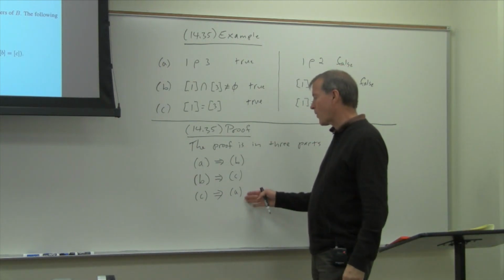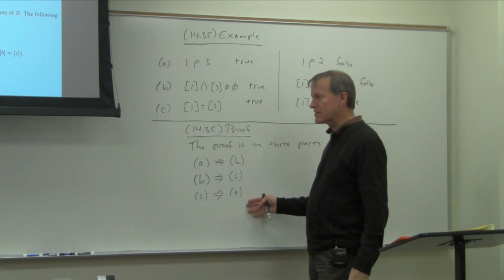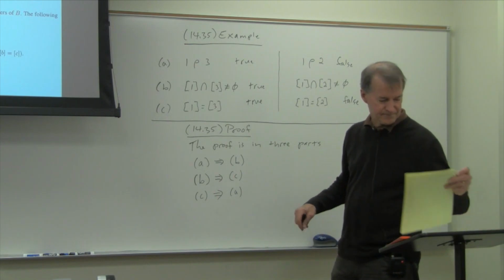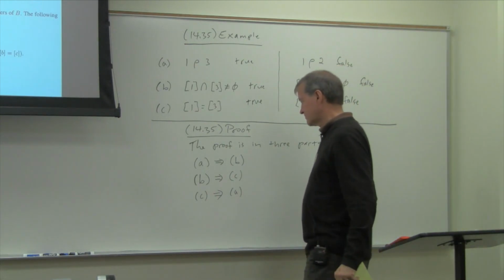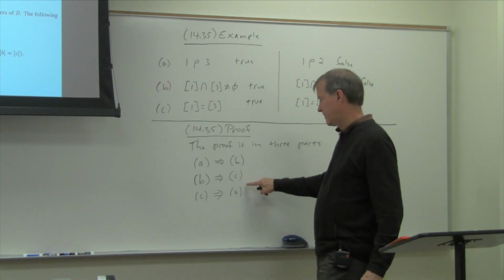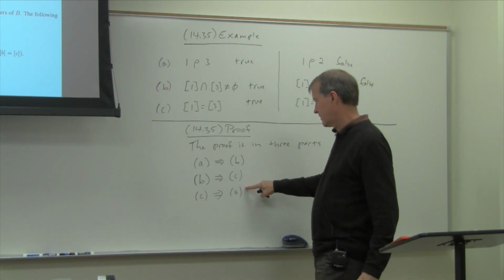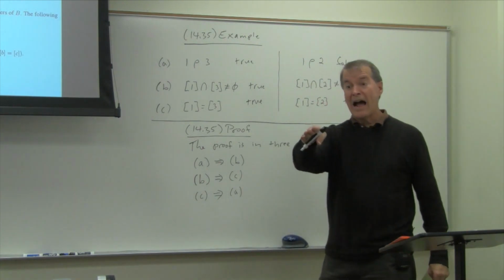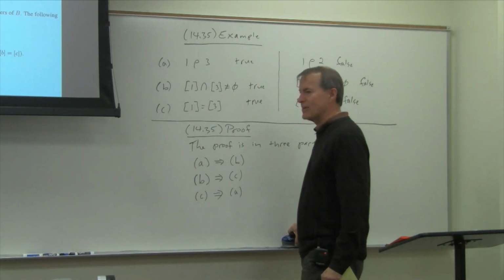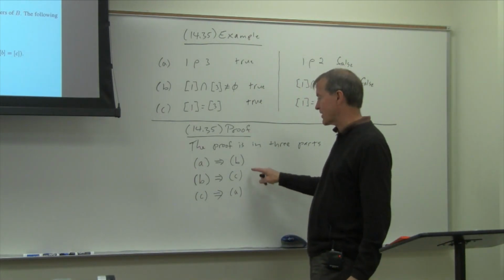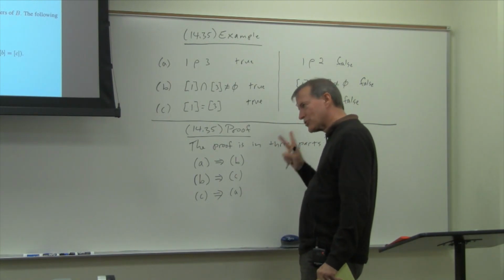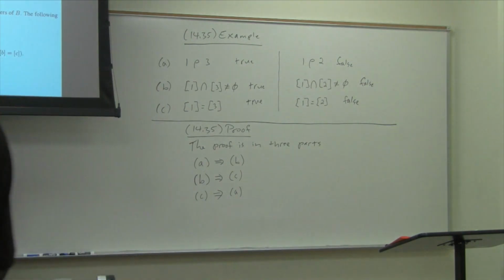Because if A implies C and C implies A, then if they imply each other, they're equivalent. Very good, mutual implication. It's also based on transitivity, because A is not directly related to B. So there are actually two reasons: mutual implication and transitivity.